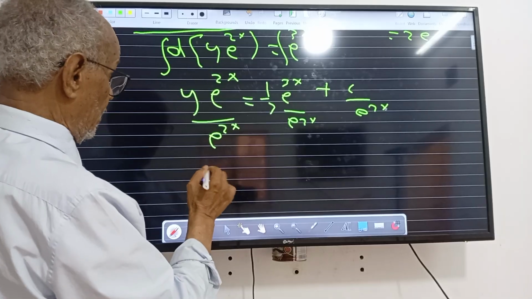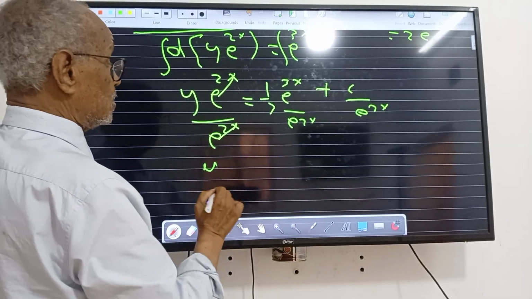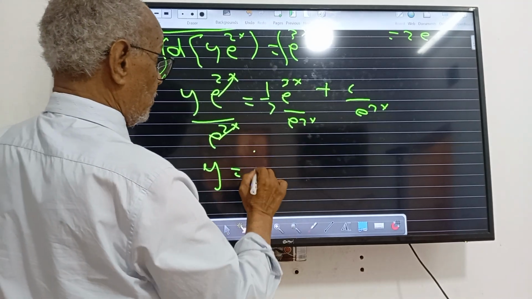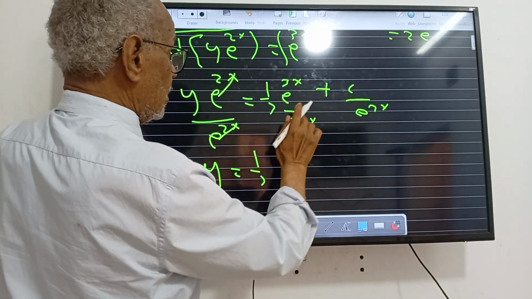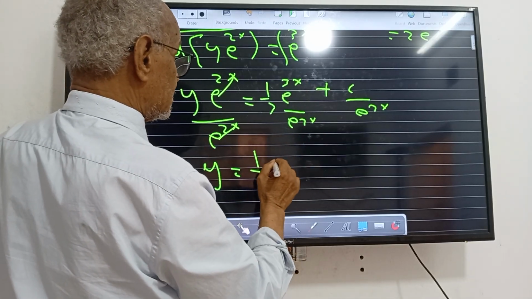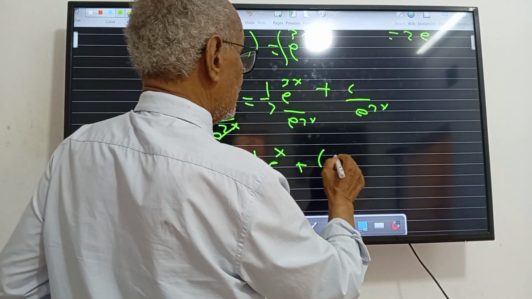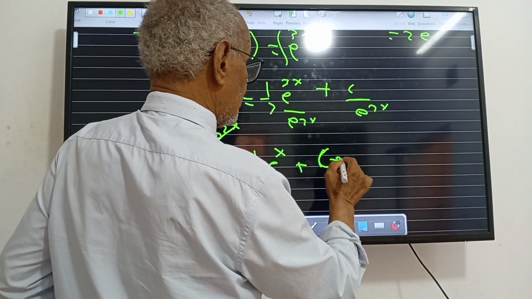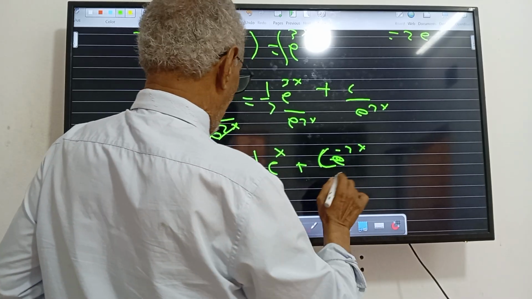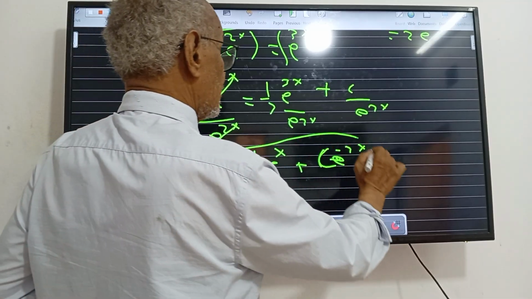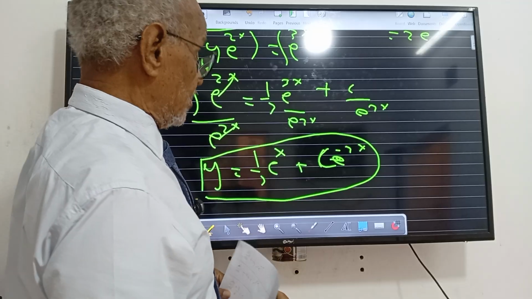Finally, this will be cancelled with this. That means y equals 1 over 3 e to the power 3x divided by e to the power 2x, that means e to the power x, plus c multiplied by e to the power minus 2x. And this is the general solution of the given differential equation.